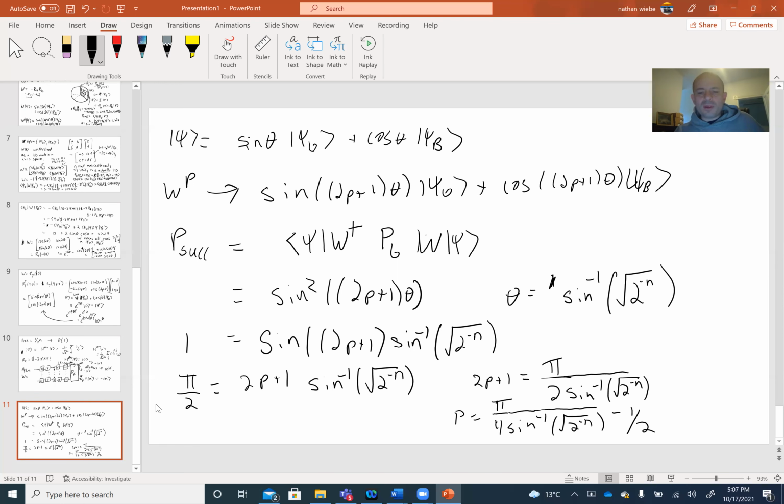Okay, now going through this, assuming that this is absolutely tiny, we end up getting that this is equal to pi over 4 times square root of 2 to the n, or 2 to the n over 2, minus 1/2 plus small correction terms of the order of 1.